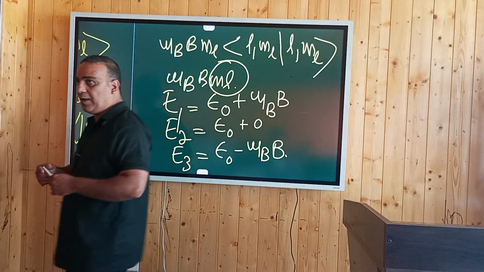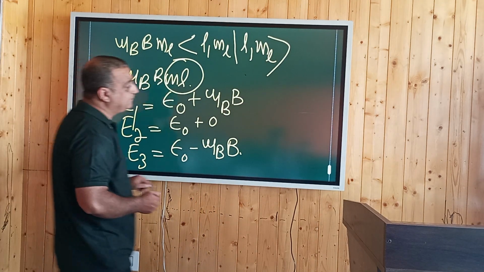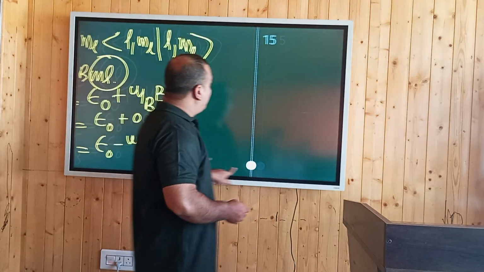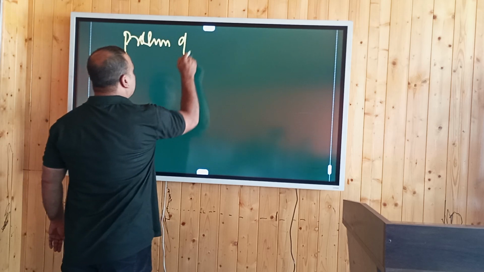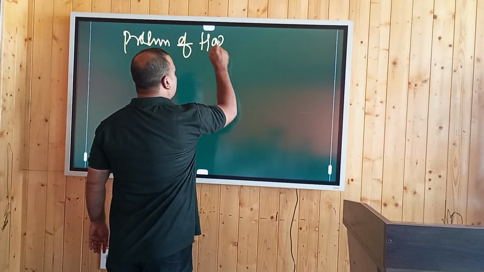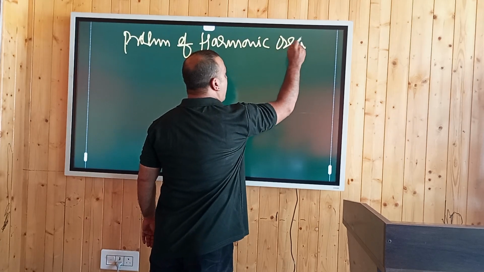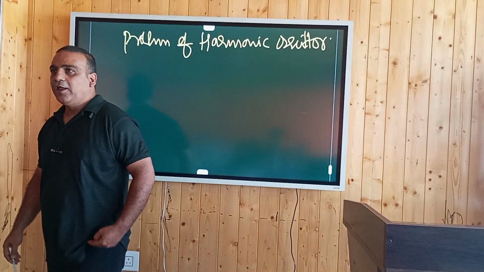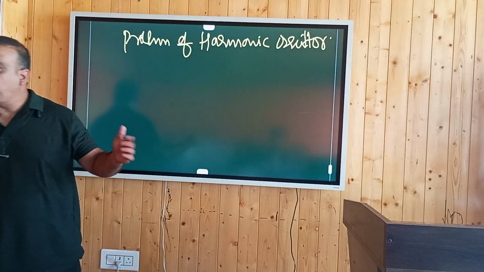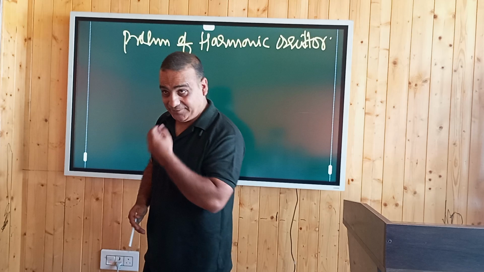Now let's choose another problem, and let's use a conventional approach to solve that problem. The problem is the problem of harmonic oscillator. You have an unperturbed harmonic oscillator, and then you introduce the perturbation.